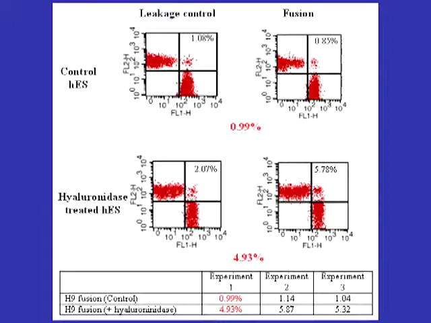And this is just to show you that if we take down the hyaluronan component of the extracellular matrix of human ES cells, we can increase cell fusion 5-fold. And this is significant because it now gives us enough material to start studying the epigenetic changes that occur during reprogramming.